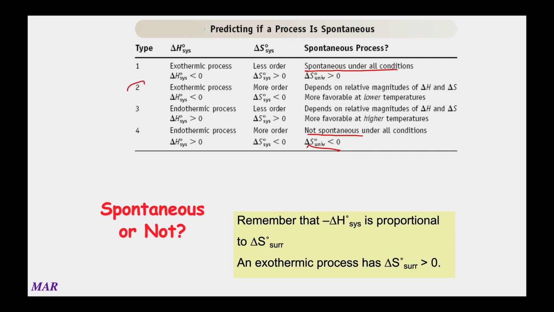And then there's 2 conditions in the middle where either entropy or enthalpy want the reaction to go, but the other one doesn't. And there will be a temperature dependence on that. We're going to talk more about this, but in a different context here coming up. But these 4 possibilities to explain if a reaction is going to occur or not can be really helpful. And we'll look at this in a little bit different light in just a little bit.